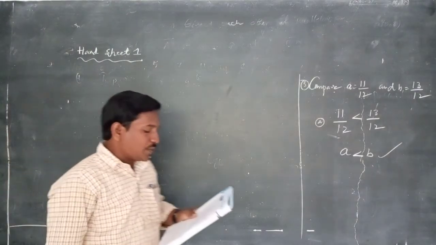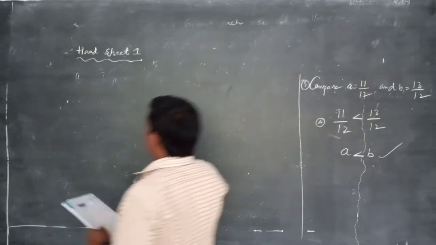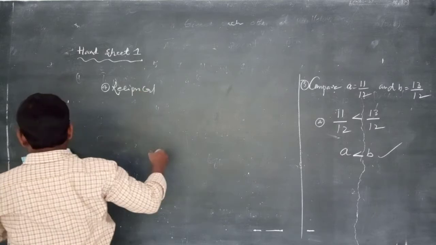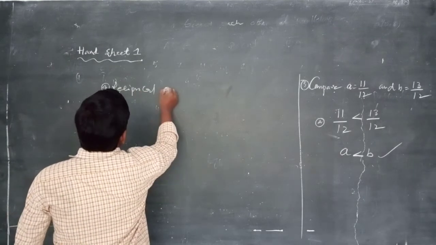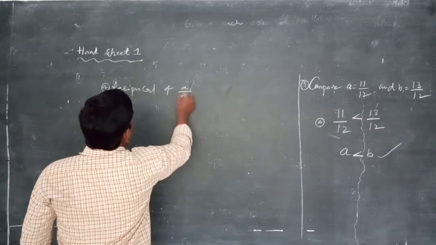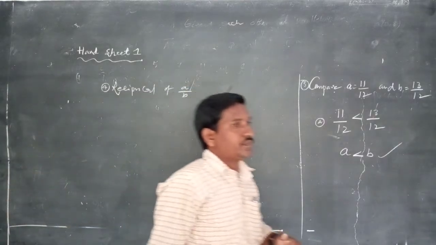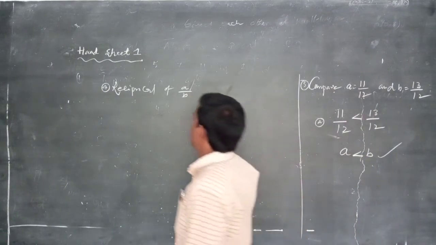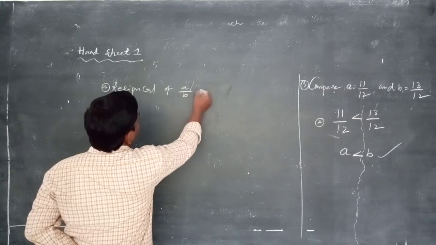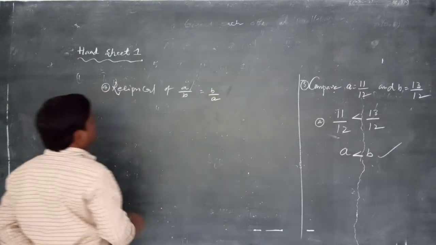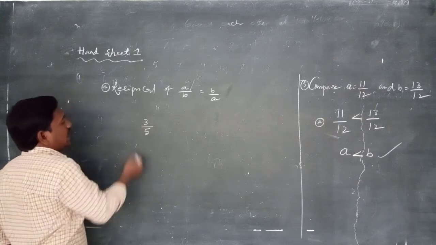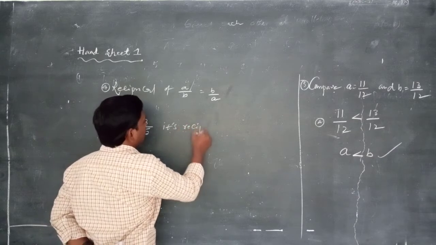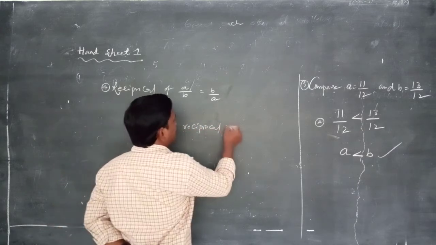Fourth problem, reciprocal of A by B. The reciprocal is nothing but the inverse of A by B. The reciprocal of A by B is B by A. For example, 3 by 5, its reciprocal is 5 by 3.